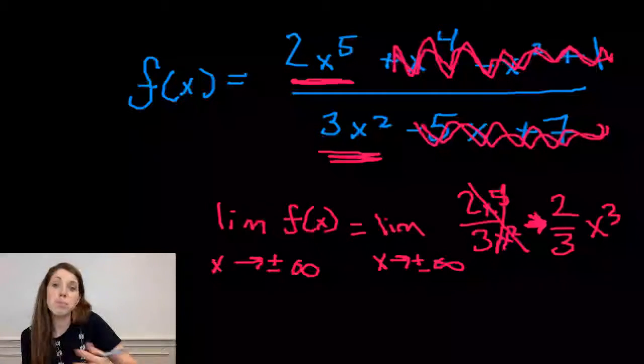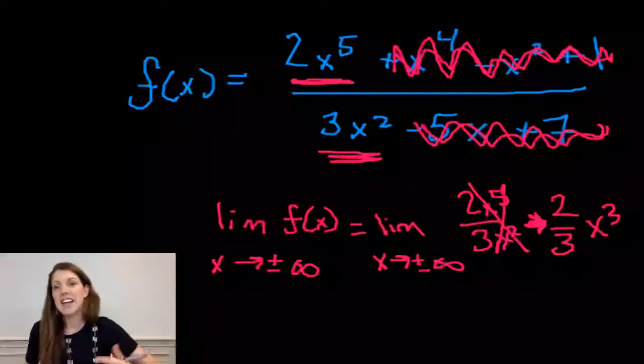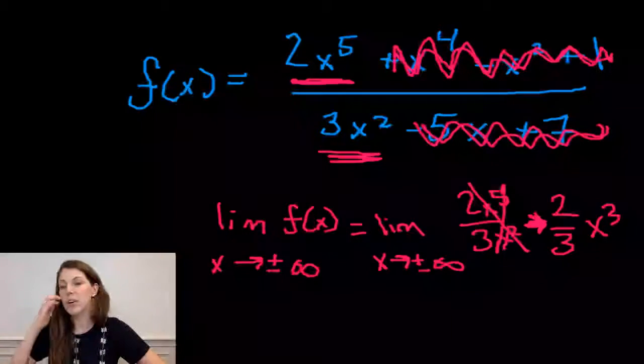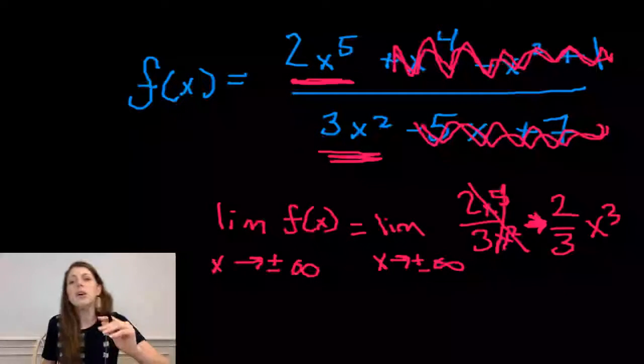So as we go towards positive infinity, it's getting more and more positive. And as we go towards negative infinity, we're going in the downward direction of the graph.